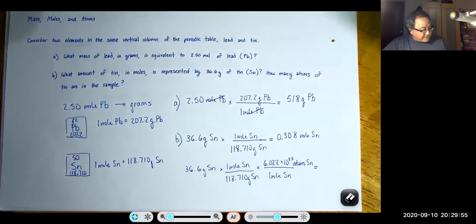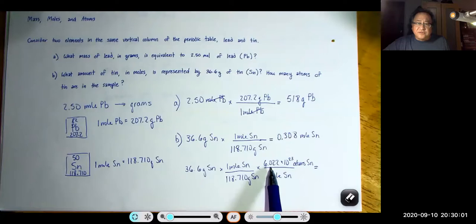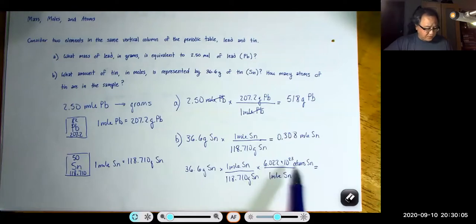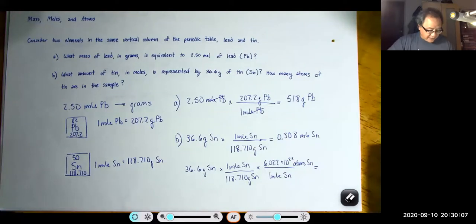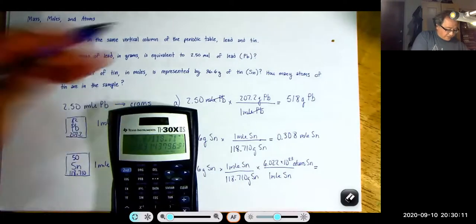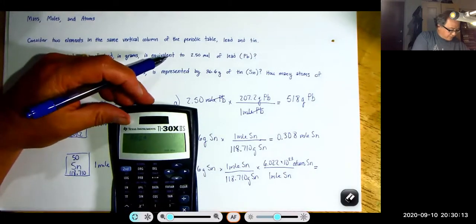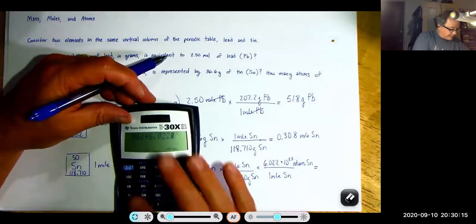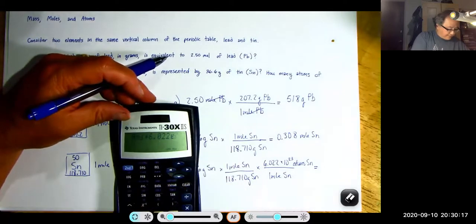Now, to estimate this, we would have 0.3 times 6, or 1/3 of 6. Let's see, 1/3 of 6 is about 2, right? So our answer should be around 2 times 10 to the 23rd. So let's find out what we get. So I've already got the beginning part of the number. I'm going to put times 6.022 EE 23.